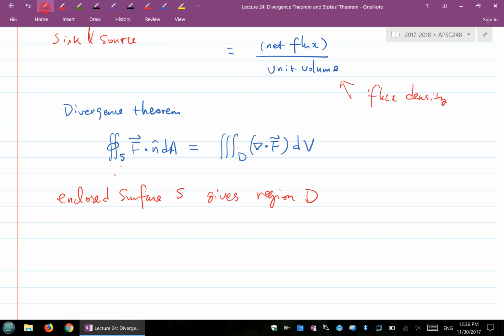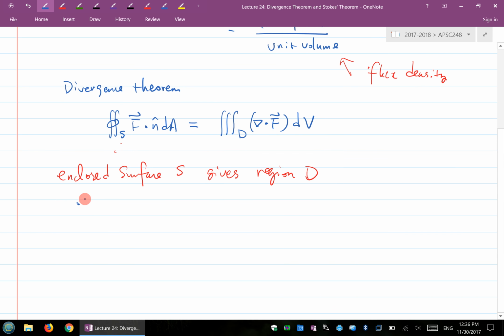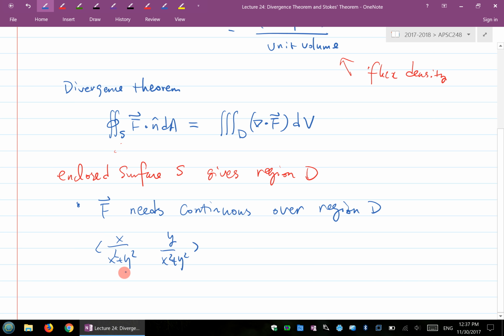That's the divergence theorem. The other thing you have to be careful with, which typically will not happen, is that this vector field F needs to be continuous over the region D. If there's any point inside the region D that is a singular point, for example if the function is x over x squared plus y squared, or y over x squared plus y squared, that is not continuous at the origin (0, 0).